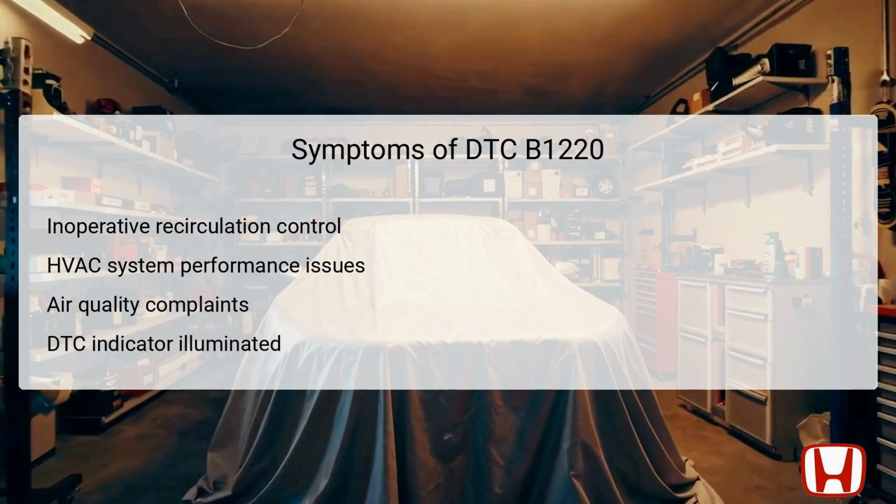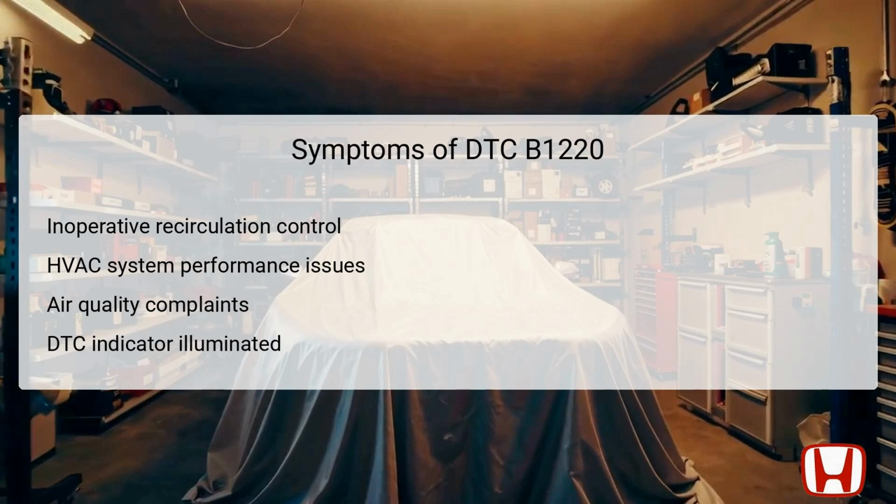When DTC B1220 is present, several symptoms may be evident in the Honda Civic's operation. The most direct symptom is an inoperative recirculation control motor, leading to a lack of airflow adjustment capability. This condition can result in HVAC system performance issues, where the cabin may either feel too hot or too cold due to forced airflow settings being stuck.